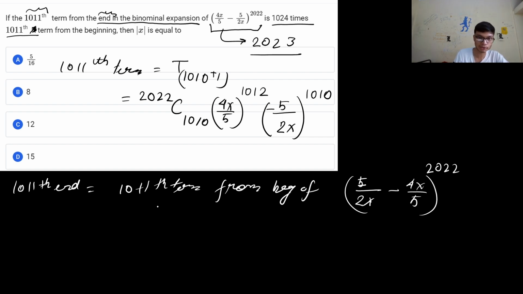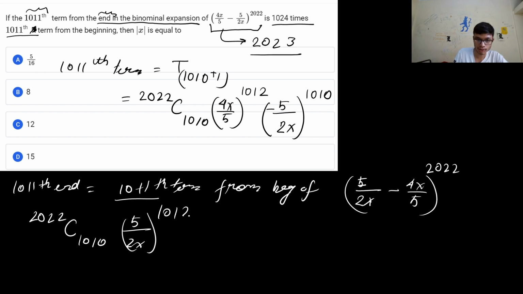So from here, if I ask what is the 1011th term, that particular term is given as 2022 C 1010, (5 by 2x) to the power 1012 into (minus 4x by 5) whole to the power 1010.